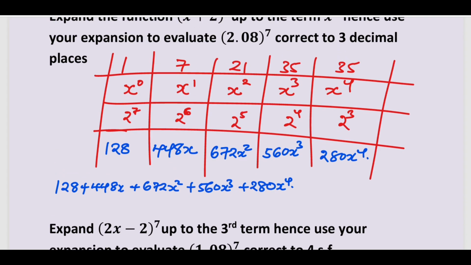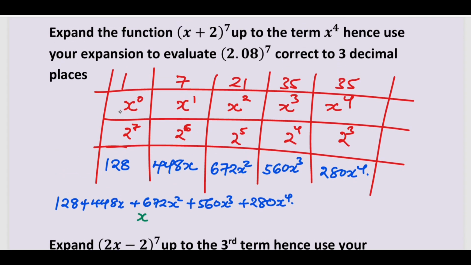Our expansion was (x + 2)^7, and we want to use it to solve, so let us equate it to 2.08^7. That is the first thing: if you are told to use the expansion to solve another, first pick them and then equate them. So (x + 2)^7 is equivalent to 2.08^7.